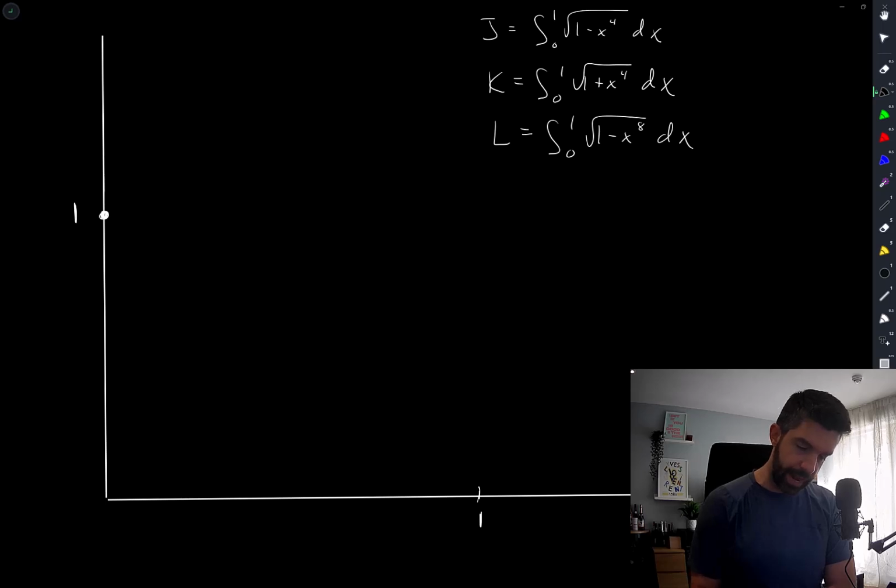I notice that K is an increasing function, so it looks something like this. So that's the square root of 1 plus x to the 4.